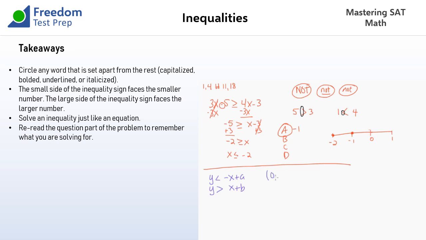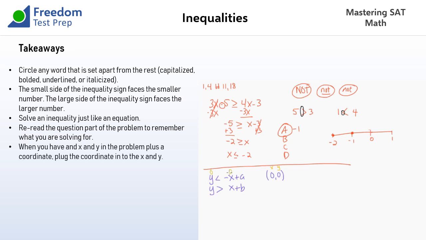Well, they're telling us that 0, 0 is a solution, which means we can plug in our x and y values for the x's and y's. Well, everything is 0 here. So if we translate these inequalities now, the first one is 0 is less than 0 plus a.